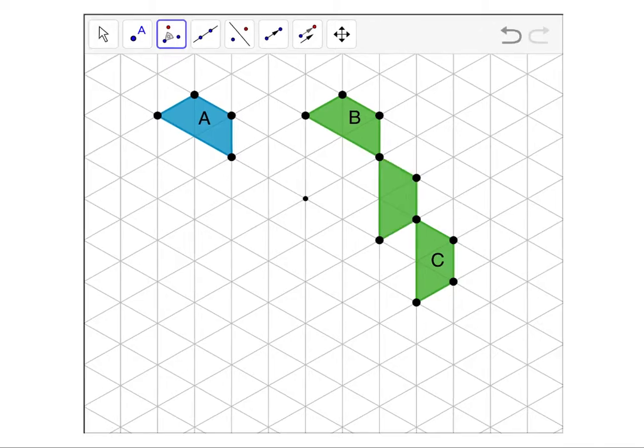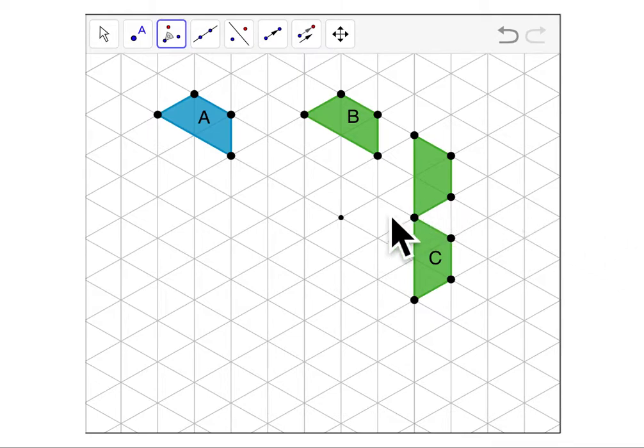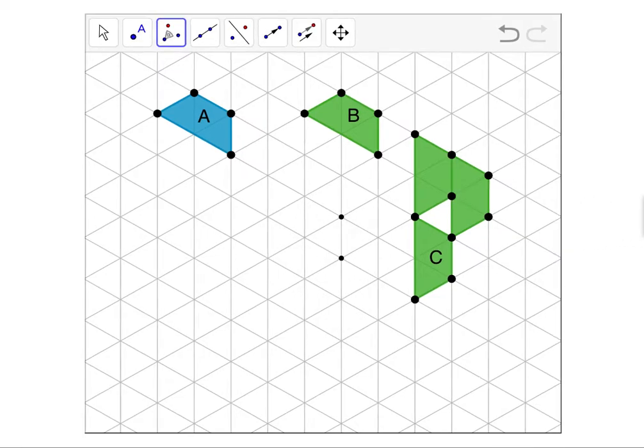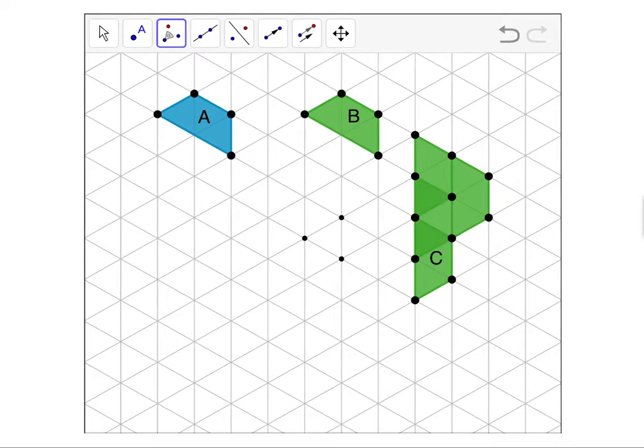So I tried a few points. I tried this point, and then I hit rotate. This is using the app that the publishers provide, and B rotated to here. So that's not the center of rotation because it has to get to this figure C. Let's try another one. I tried this point, rotated to here. So that's not the center of rotation. So how do you find that center of rotation? You can keep guessing. That's not it.